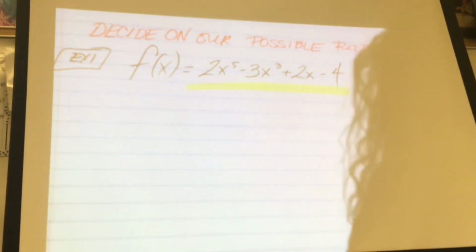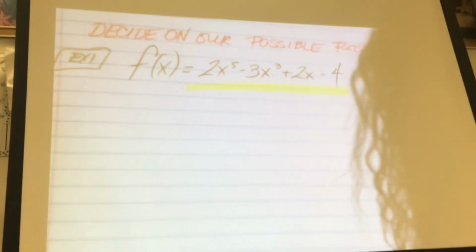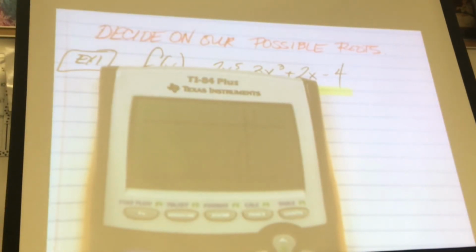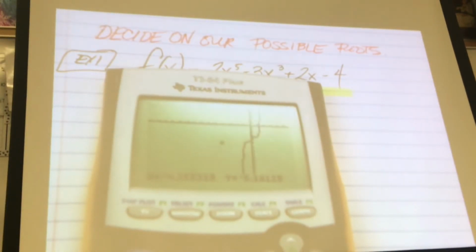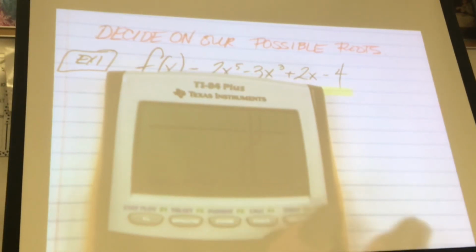Go ahead and put it into the graphing calculator and graph it. You should have this graph right here. Looks like this. And if I were to trace this bad boy, I should be able to get the intercept.